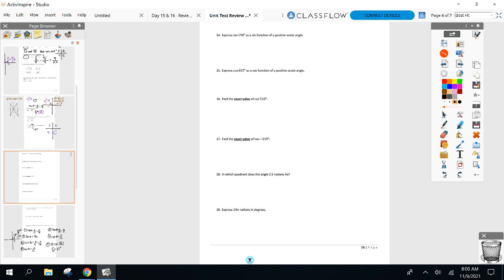It should be negative, right? Yes, the answer should be negative, even if it says find it as a positive. The angle itself needs to be positive. What I need is a negative sign out in front here. So you're just telling me, hey classmates, Mr. Carlino did something wrong. I'm calling him out now. That's basically what you're doing.